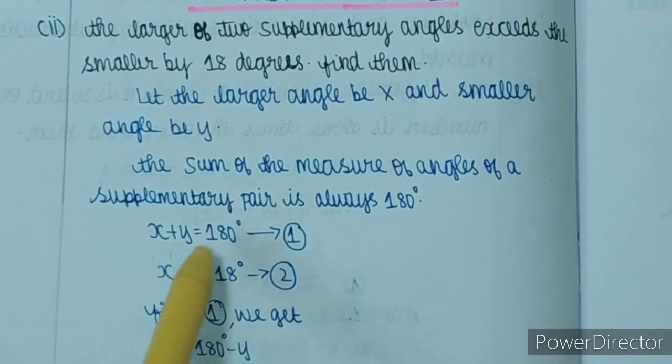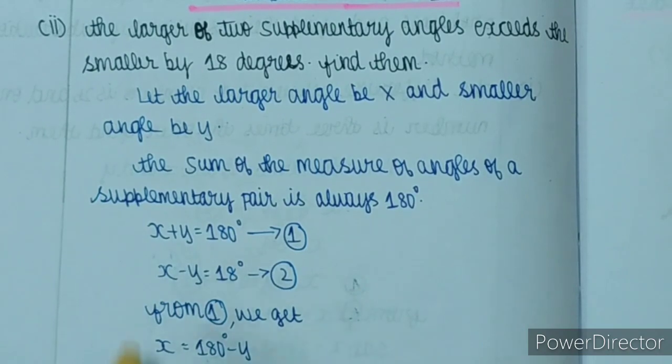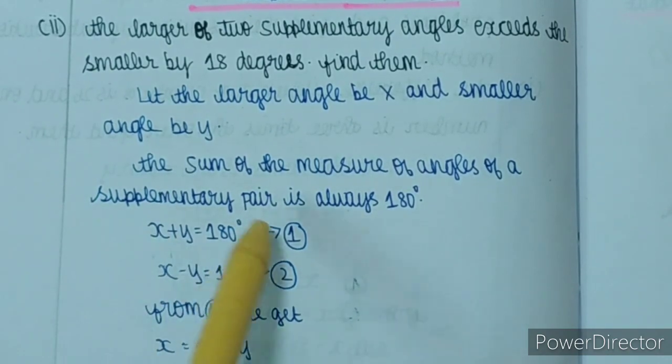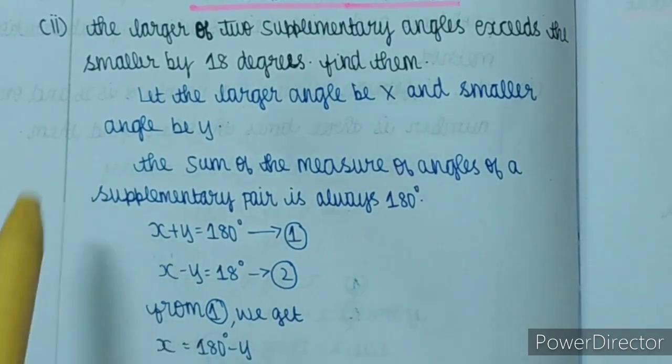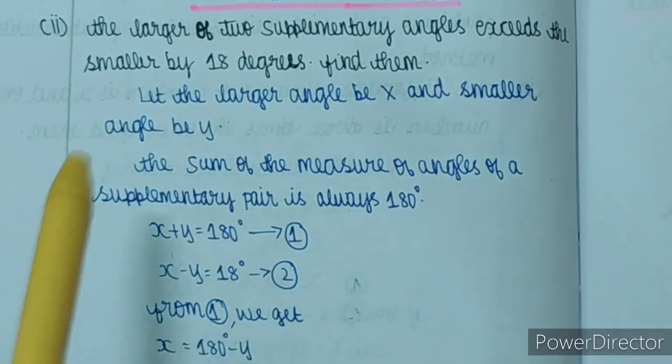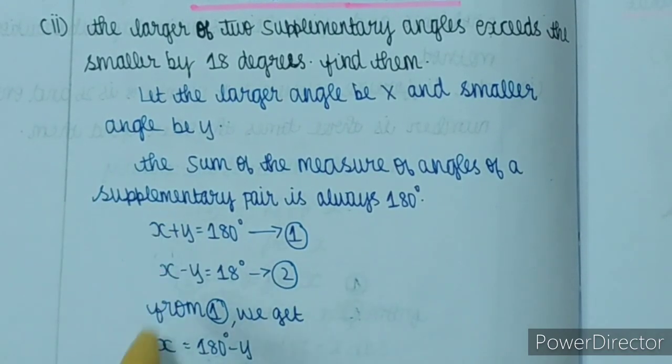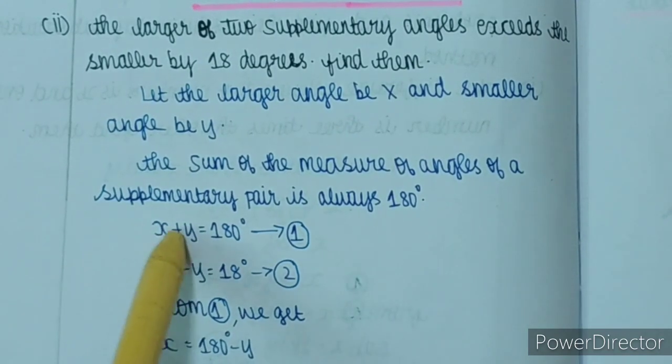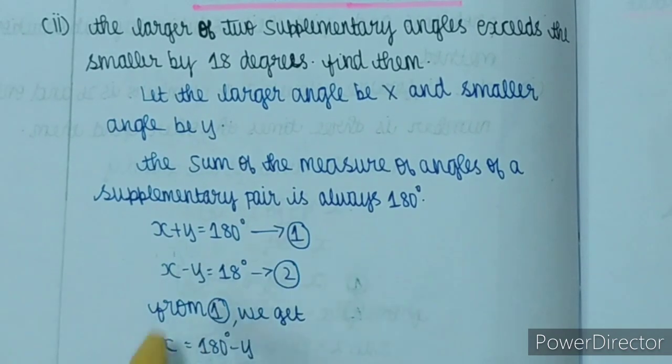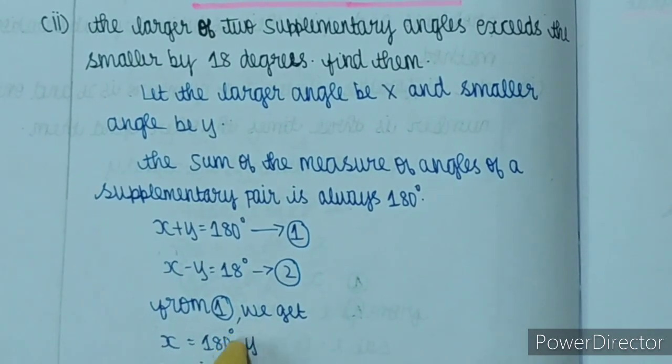Now we are going to solve the equations by substitution method. From equation 1 we need to get the value of either x or y. I am getting the value of x. You can also get the other value, it's up to you. To get the value of x, we need to bring this plus y to the other side. So x is equal to 180 degrees minus y.